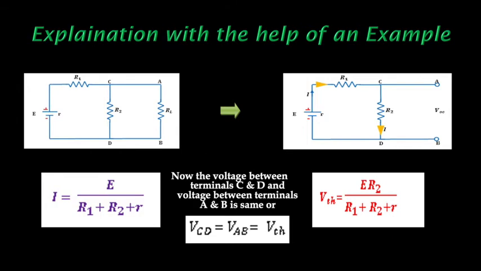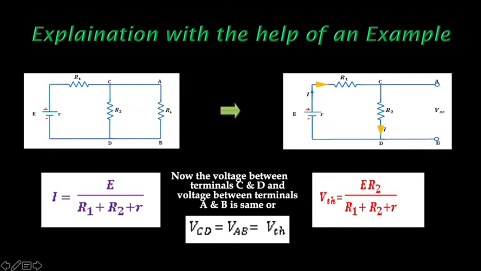As per the steps described, remove the load resistance RL and form the open circuit terminals A and B. Step 2. Calculate the voltage across the open circuit terminals, VOC, which is also called Thevenin's voltage, VTH.